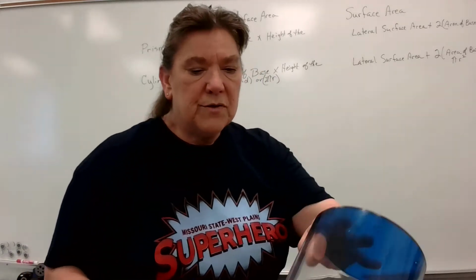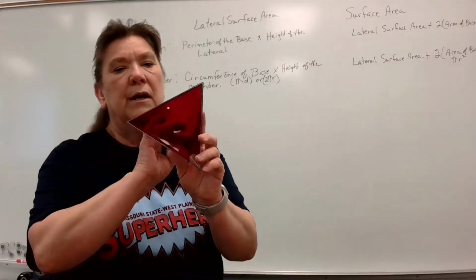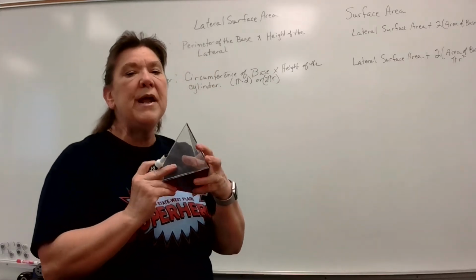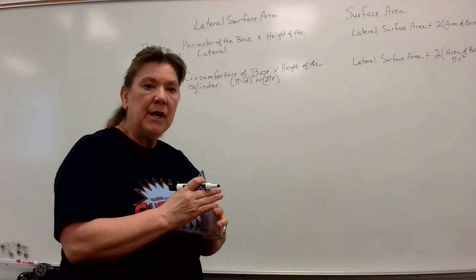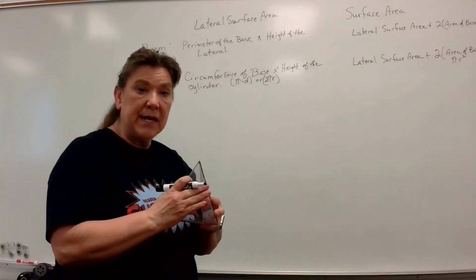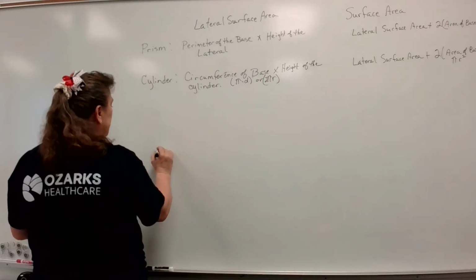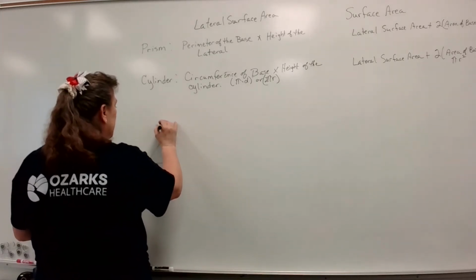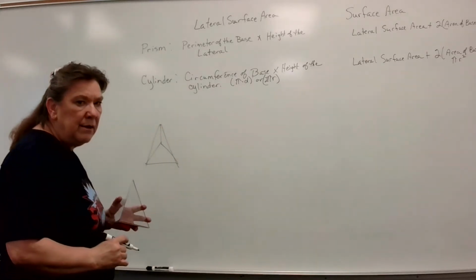Okay, so the very last one I want us to look at is the pyramid. Now remember, a triangle has half the amount of area as a rectangle does. So when we look at a pyramid, you've got your base, whatever that base is, but each side of the pyramid makes a triangle, okay?